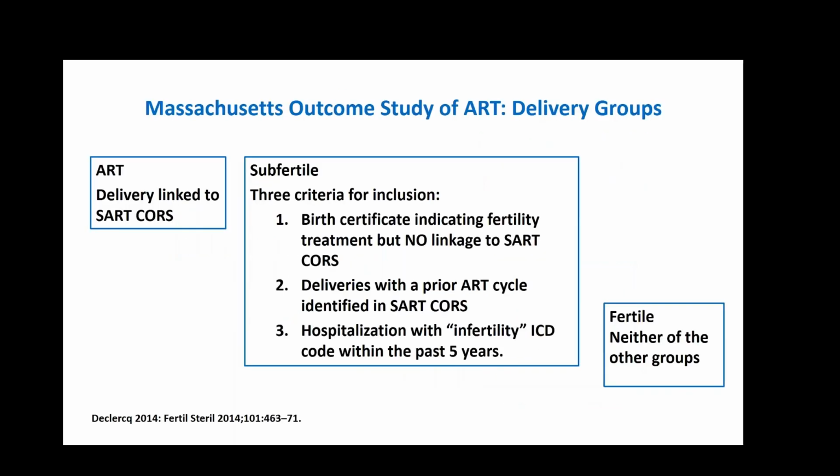Once we linked these databases, we then defined a subfertile comparison group. We defined this group on the basis of 3 criteria: a checkbox on the birth certificate showing deliveries that had some kind of fertility treatment, although the birth certificate did not clearly show which was fertility treatment by ART and which was not.